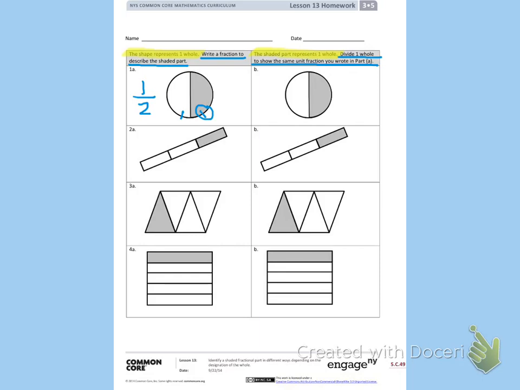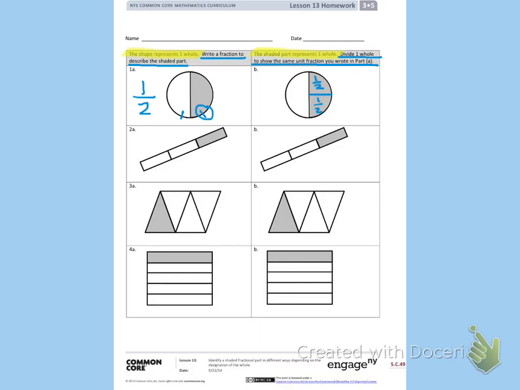I'll go ahead and divide the shaded part of 1B into halves by drawing a line right here. Now you can see that this is 1/2 and this is the other half of the whole.